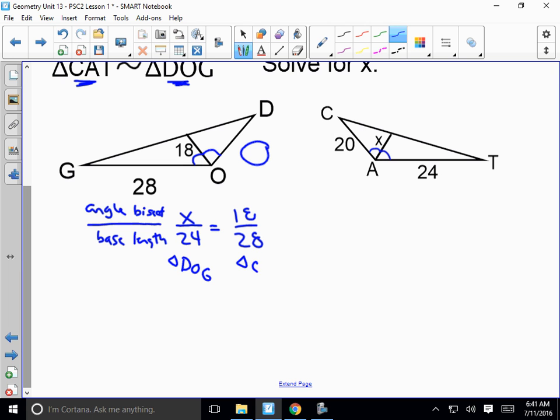This one is coming from the CAT triangle, and then we just cross multiply and solve. So we end up with 28x equals 432. And then we divide both sides by 28.